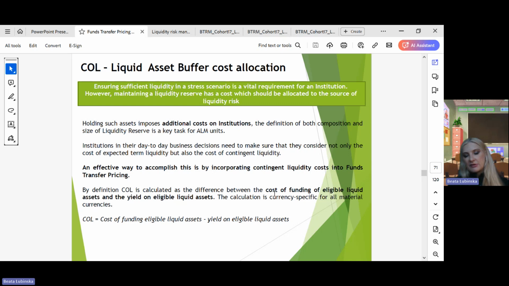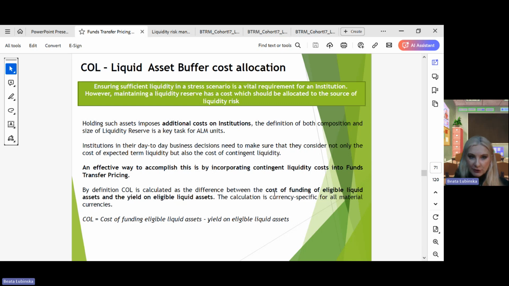Survival horizon, again, I'm referring to the metrics which I'm describing in the liquidity management course, is a key metric under stress for the bank to size this amount of HQLA. And an effective way to accomplish this, the cost of running the liquid asset buffer, the potential cost, is through funds transfer pricing or liquidity transfer pricing.